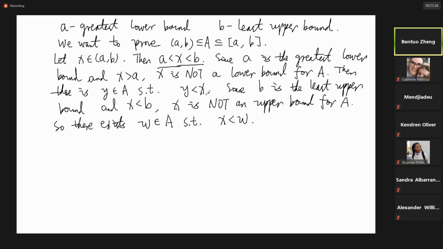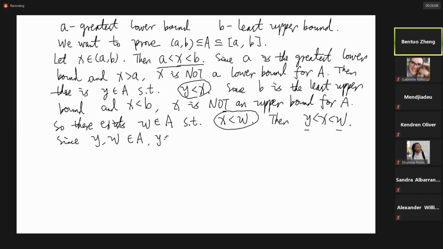Now you look at these two conditions: y is less than x, and x is less than w. Then we have x is between y and w. But remember, y and w are elements of A, since y, w belong to A, y is less than w, and A is an interval.